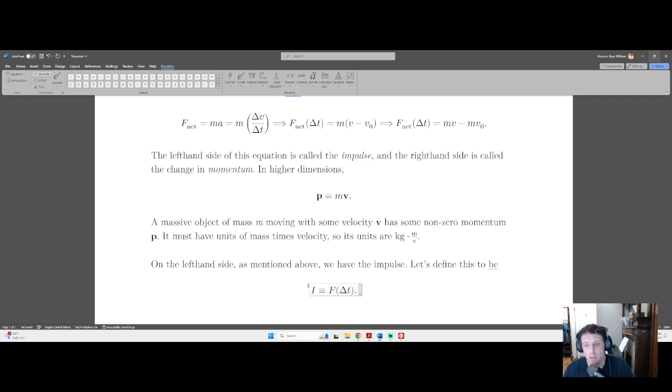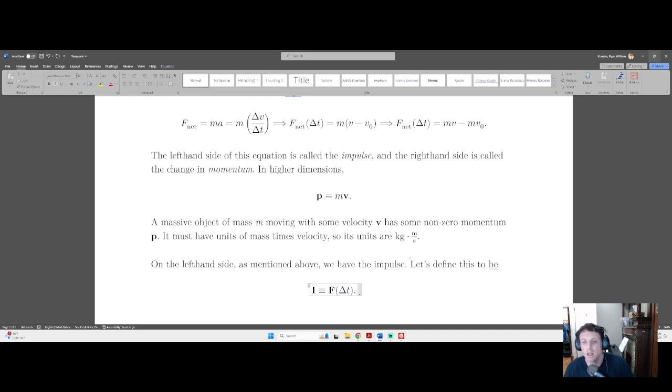I understand why we don't want to use I, because we use I later on for moments of inertia, but we're kind of running out of symbols here. So let's say that this is our impulse, and it's a vector. The equation that I wrote was one-dimensional, but I'm telling you that this generalizes to multiple dimensions. If we have a vector quantity on the right-hand side, we must also have a vector quantity on the left-hand side. And that's just what it is. It's the impulse.